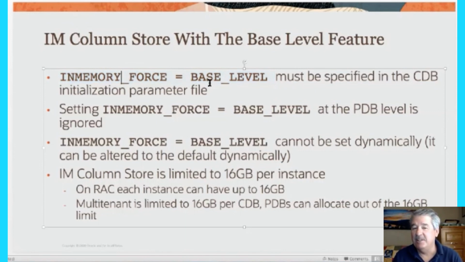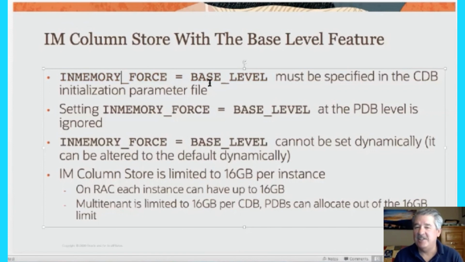Super. And so you'll be limited to 16 gigabytes at the CDB level, so per instance, and if you have RAC, again, that's true across each of the RAC instances that you have. So there you go. You're kind of leading me into the next question we got, which was, if I have a CDB with 30 PDBs, how would that work?